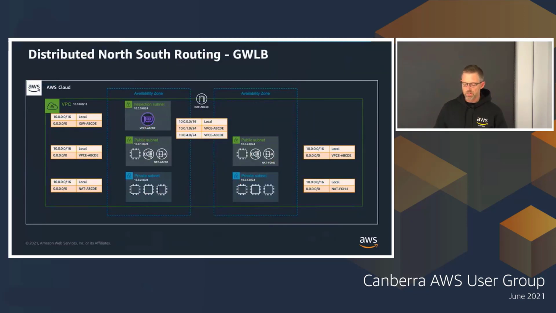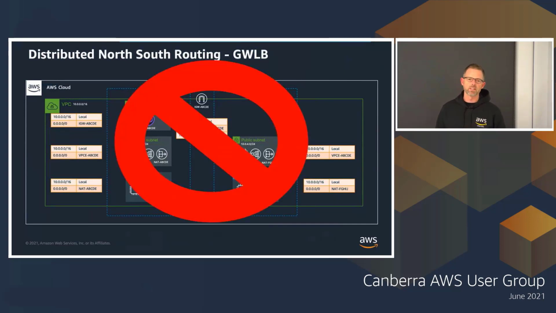Some customers do say, well, I don't want the extra costs and the effort of putting multiple route tables in, multiple Gateway Load Balancer endpoints. I'm just going to do a single one and everything can go through that. Yeah, don't do that. That's bad. It breaks availability zone independence.